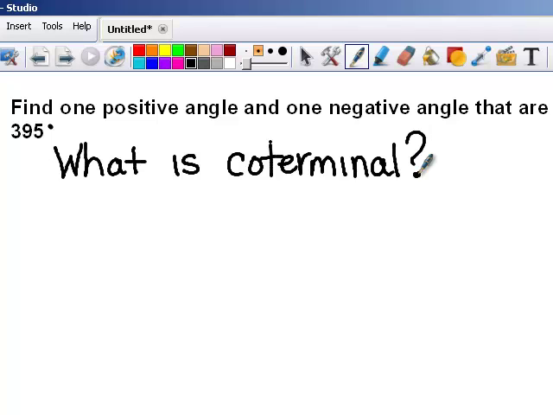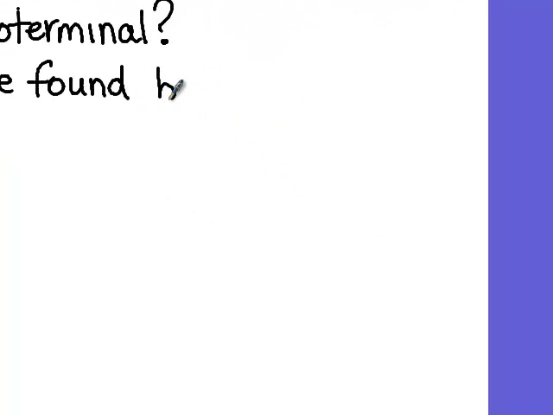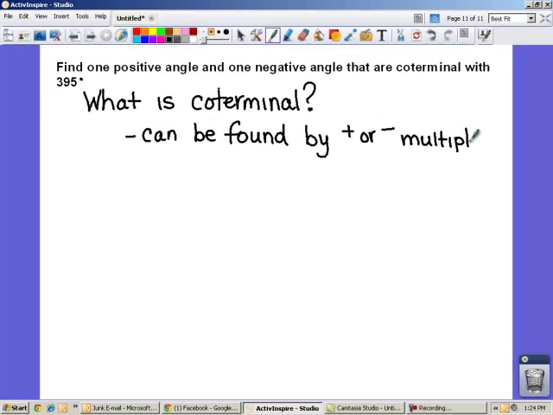Coterminal angles can be found by adding or subtracting multiples of 360 degrees.